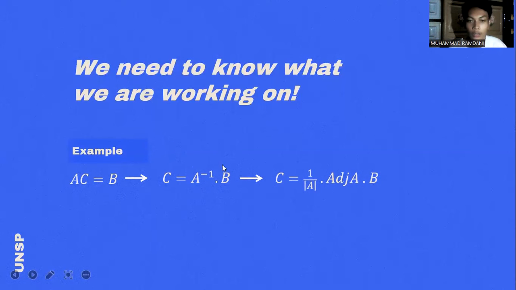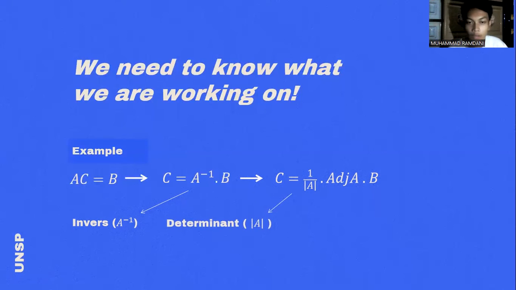What are these terms here? A minus 1, and 1 divided by the adjoint of A. What we can see here is the inverse of A. This is called inverse, and inverse has its own formula or way.